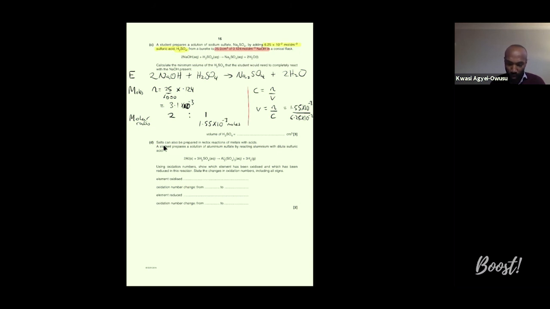So all of our data is given to 3 significant figures, so our final answer to 3 significant figures would be 0.0248 decimeters cubed. We do want our answer in, apologies, centimeters cubed, so that should be 24.8 centimeters cubed. Okay, so that is our final answer.